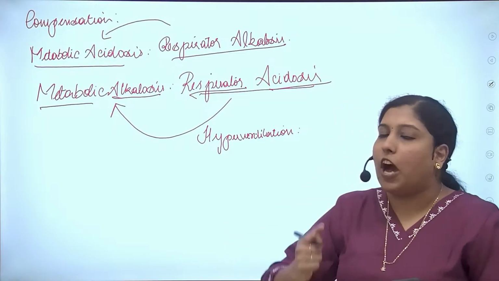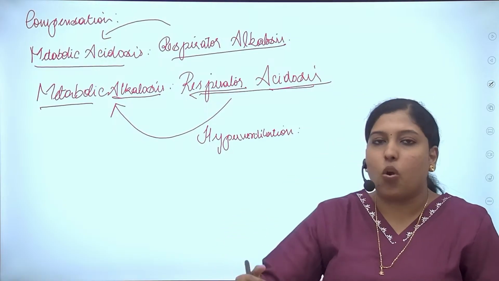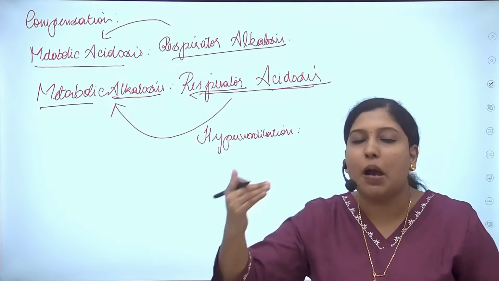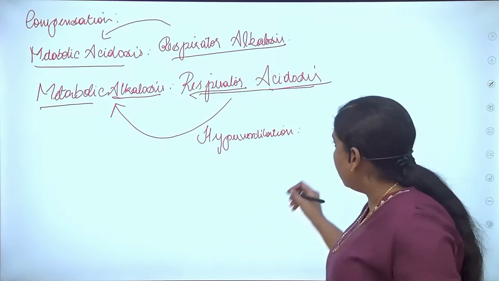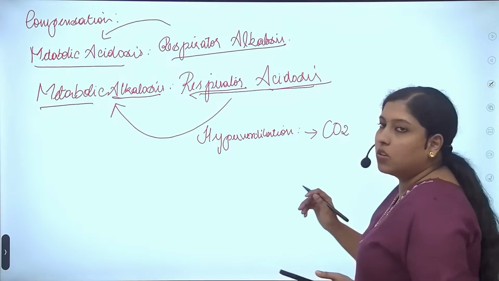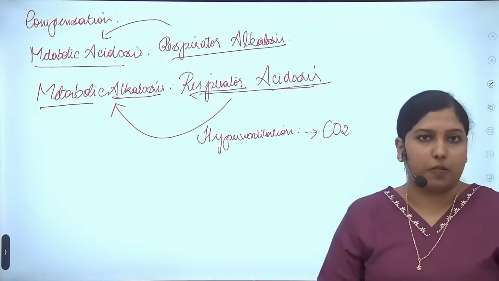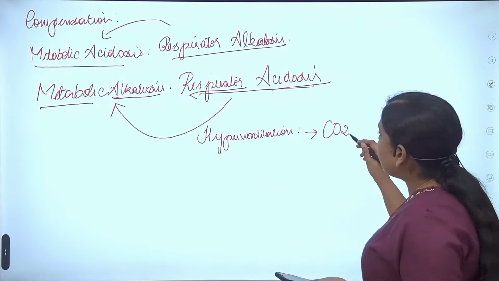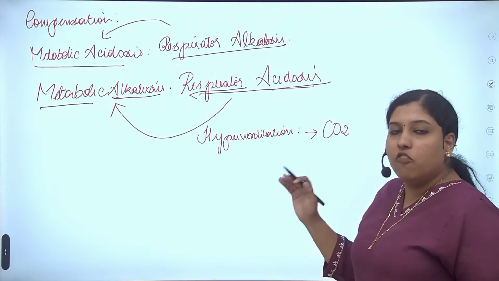At the time of hyperventilation, what will happen in the body? The lungs will do so much CO2 exhalation, which means an excessive amount of CO2 will be going outside.